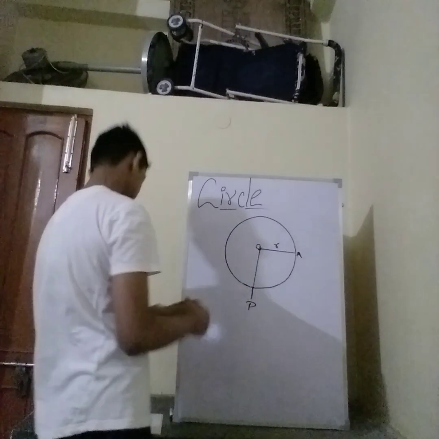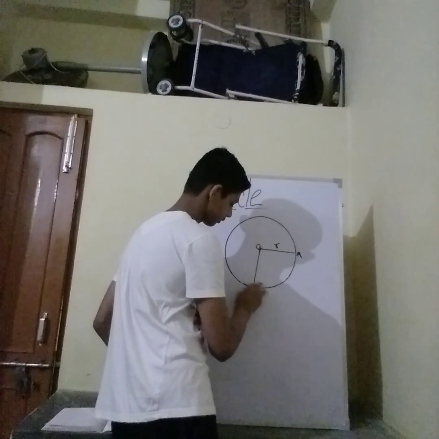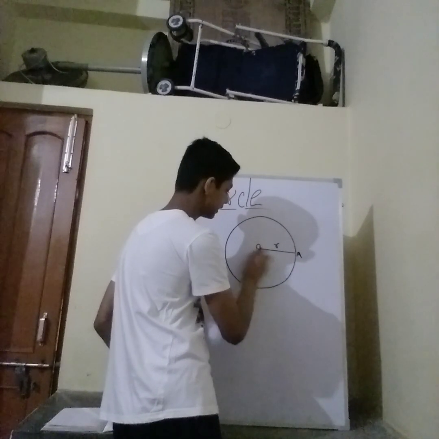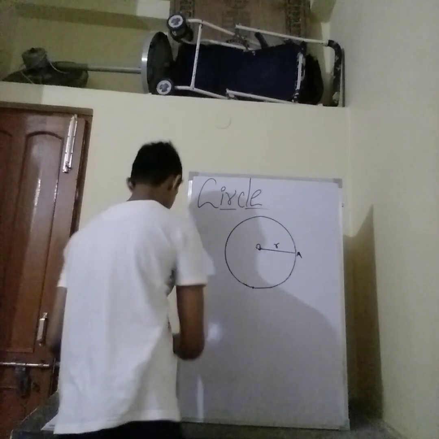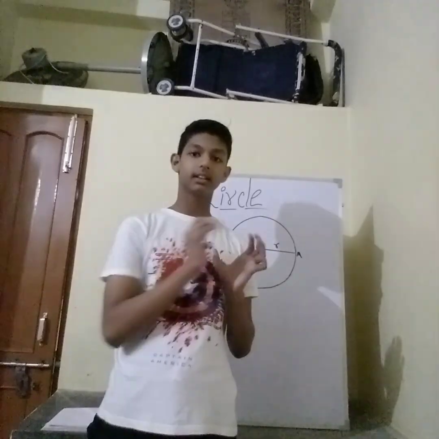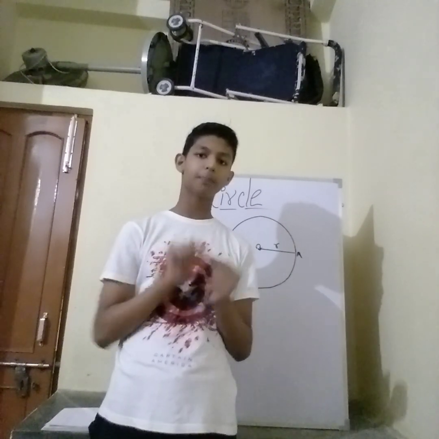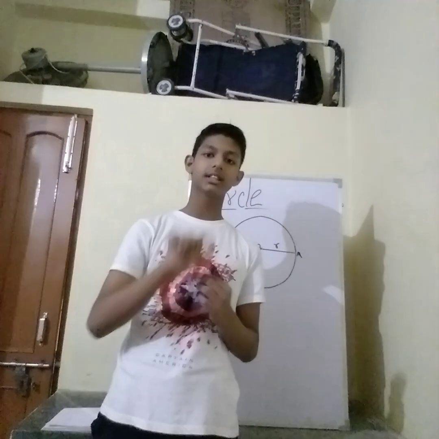Now we will discuss the interior and exterior of the circle. The interior of the circle is the region consisting of all the points on the circumference of the circle or inside the circle.